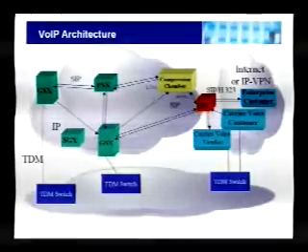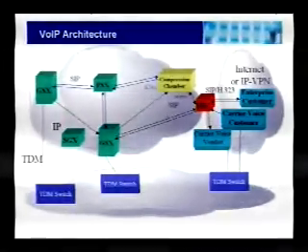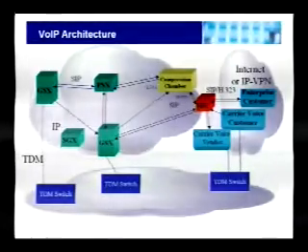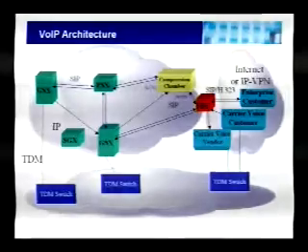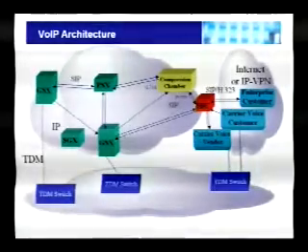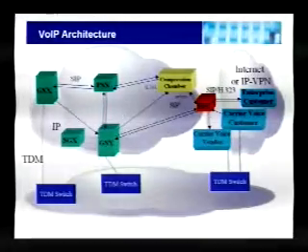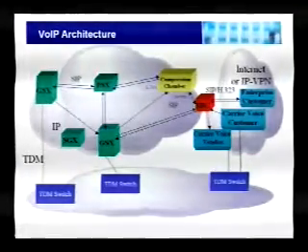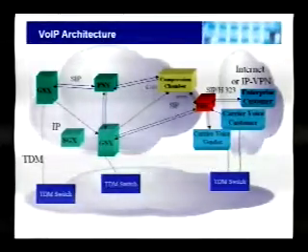PSX is used for the brains of this network, brain dead voice routing, that is. The GSXs are actually pretty stupid. They don't have any routing tables in them at all. They have to ask the PSX, which is a database that runs on a Sun system essentially, what all the routes are. So whenever a call comes in, they have to ask the PSX where to send it.